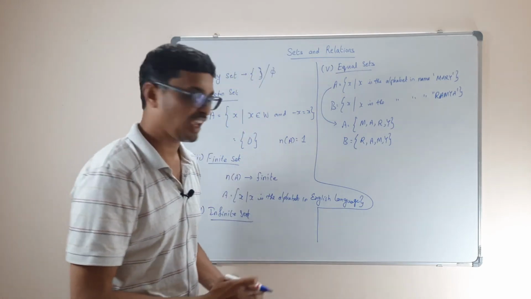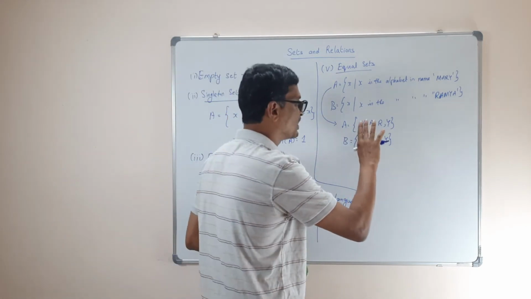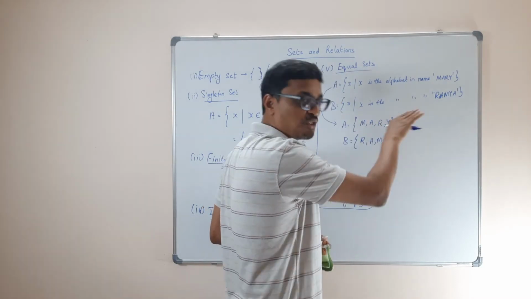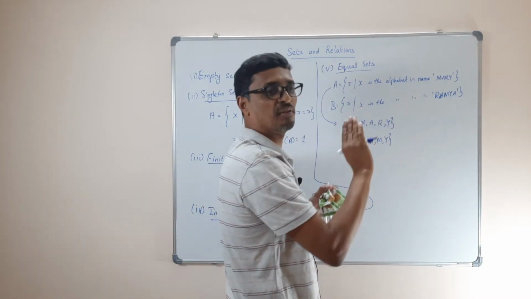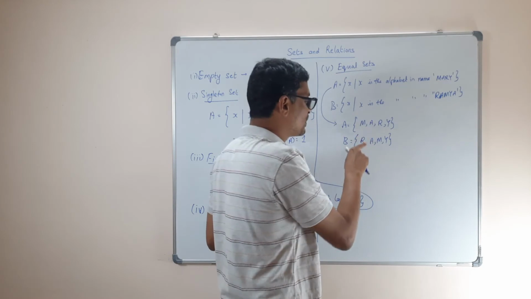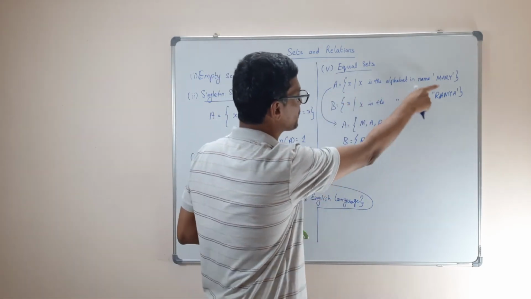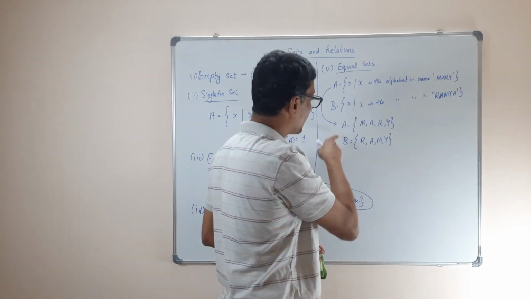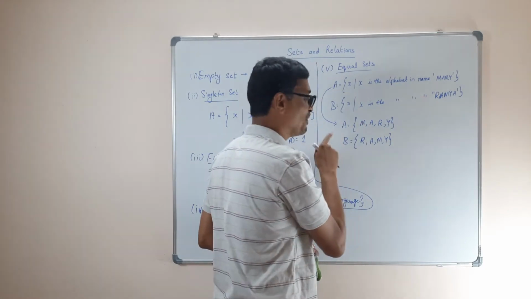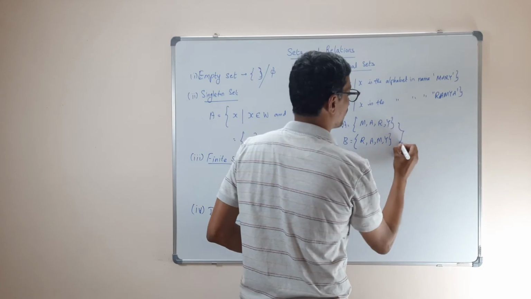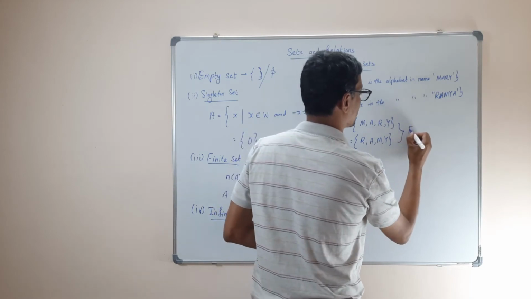They are equal. In a set representation, it doesn't matter in what sequence we write the elements. Even though I have represented these two sets differently, when I go into sets, they both are the same. So these sets are called equal sets.